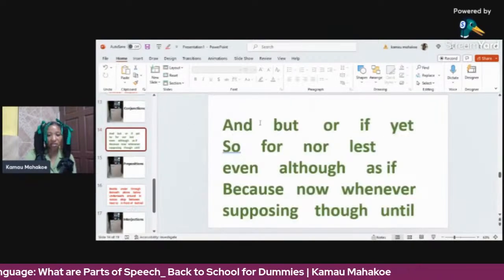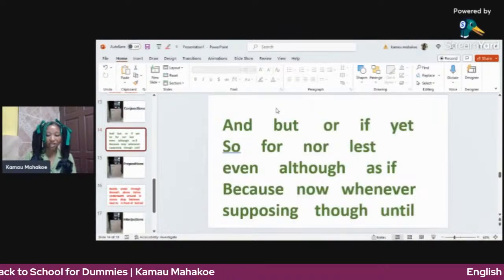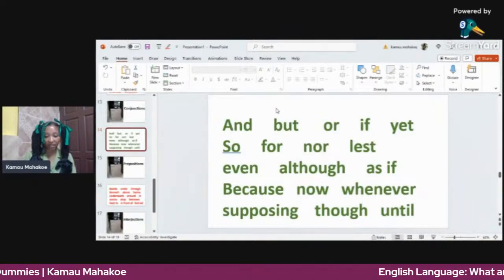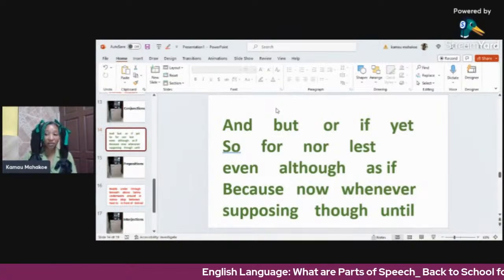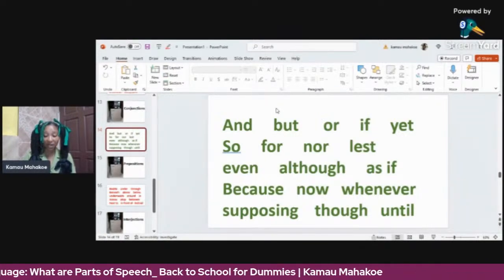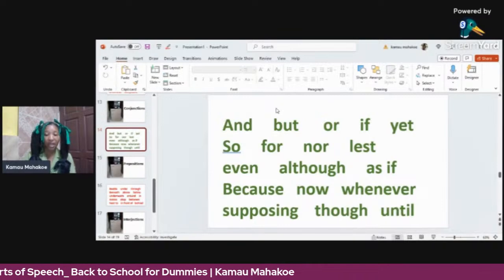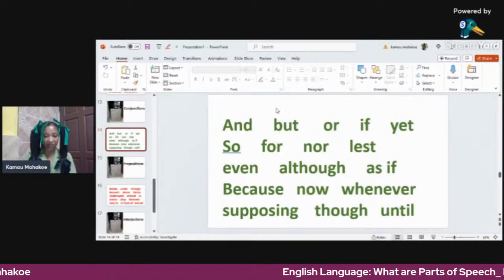Conjunction. So conjunctions join. They join words, they join phrases, they join even two sentences to make them one. So I can have two separate sentences that could stand on their own, and I can take a conjunction and remove the full stop and join the two sentences.